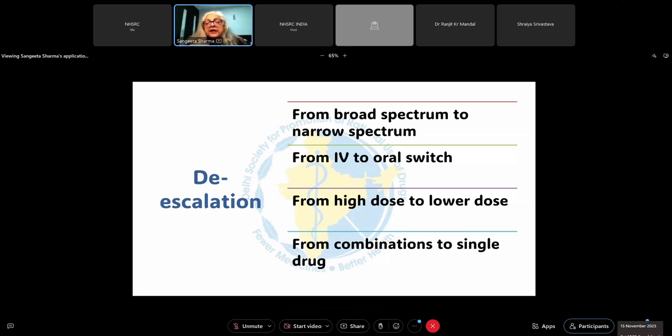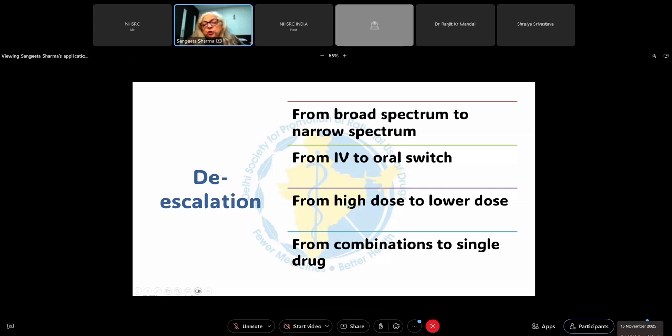From IV to oral is called de-escalation. Just because the patient was serious, not able to take it orally, was having high fever, you could not give it orally. At that time, IV drugs were started, but as soon as the patient becomes stable, is tolerating orally, and a good oral option is available, one should try to shift from IV to oral as early as possible.